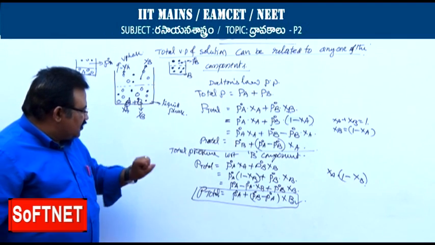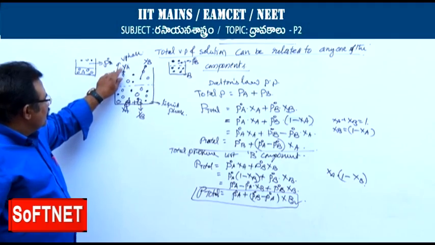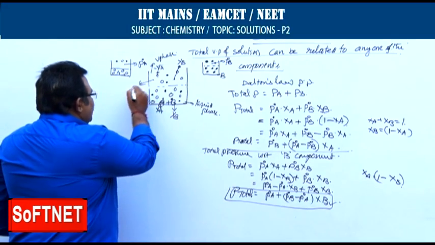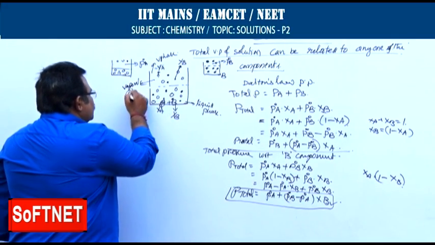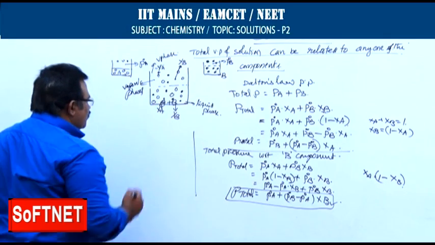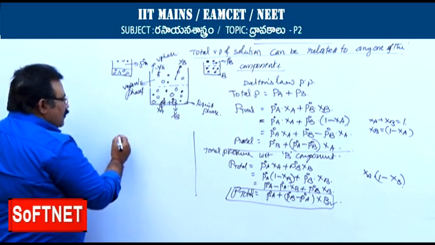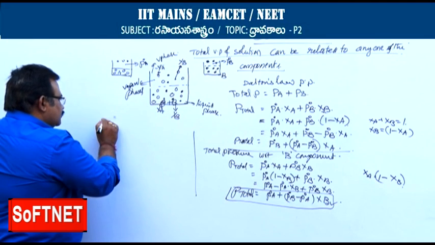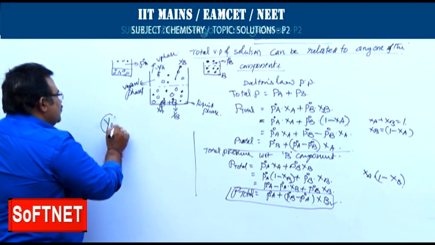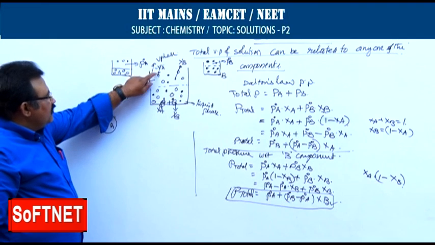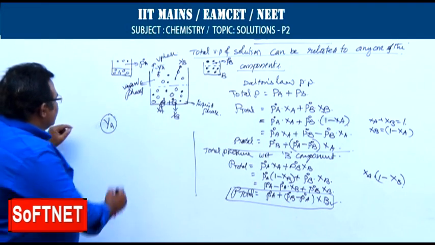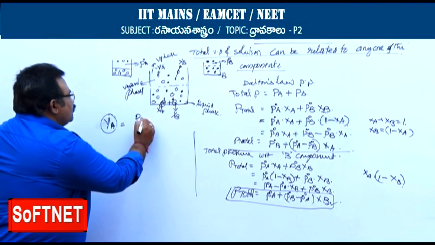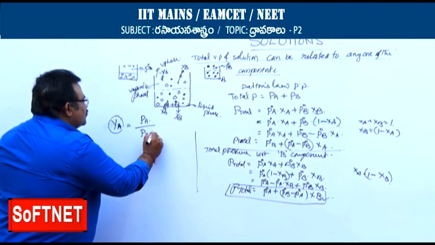Now, based on this, we can calculate the composition of the vapor in the vapor phase. This is the vapor phase. So, the composition of the component A in vapor phase is calculated as YA. YA means the mole fraction of A component in vapor phase, which is equal to partial pressure of A by total pressure.